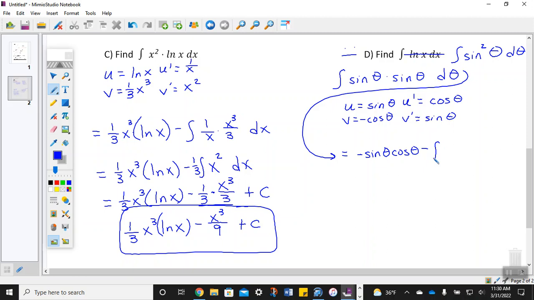Cosine theta times what? Negative cosine theta. So this is like negative cosine squared of theta again, right? Guys, what did we start by integrating right here? Sine squared of theta. We're kind of in a mess, aren't we?